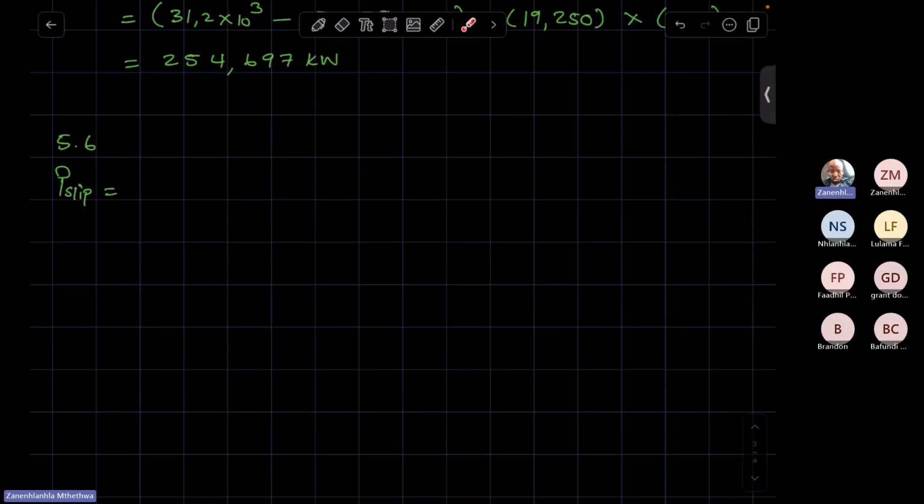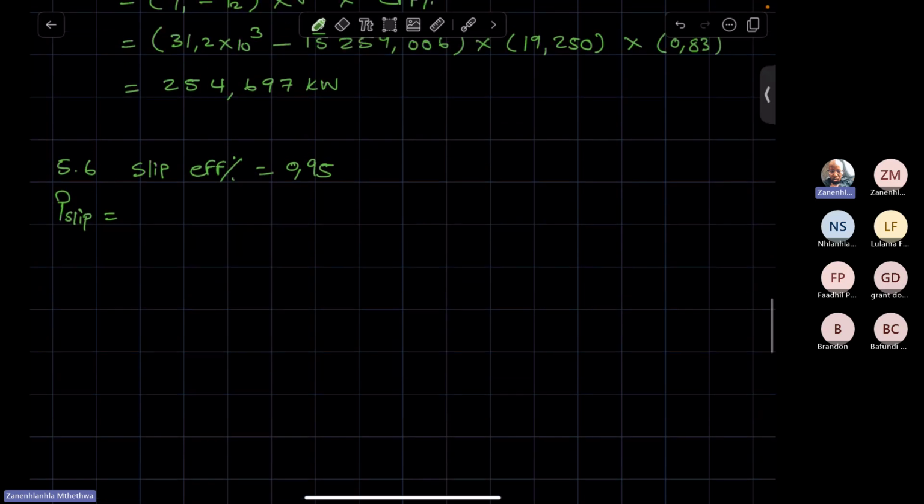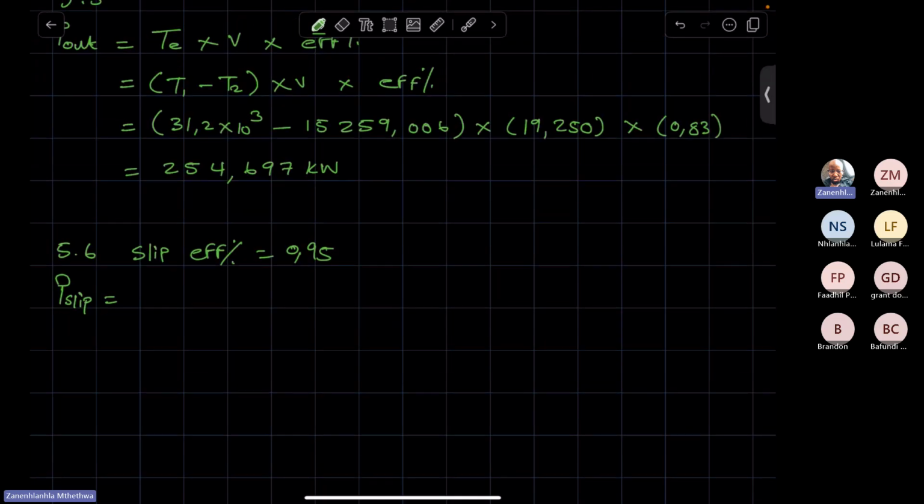So essentially 100 minus 5 will give us 95%, right? So because of slip, the efficiency based on the slip is 95%, so 0.95. Now, we need to take into account that the drive was already at 83%.